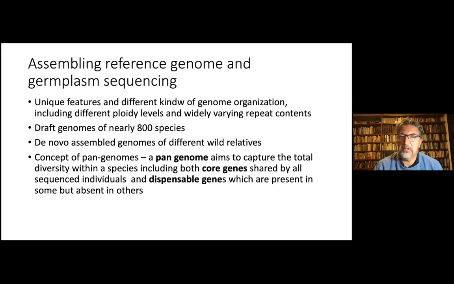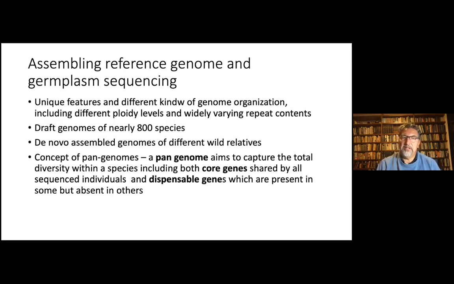Another concept that also came in the last decade was the concept of pangenomes. What is a pangenome? A pangenome aims to capture the total diversity within a species. But that can be divided into core genes and dispensable genes. So what do you mean by core genes?